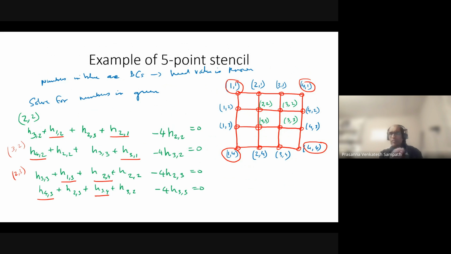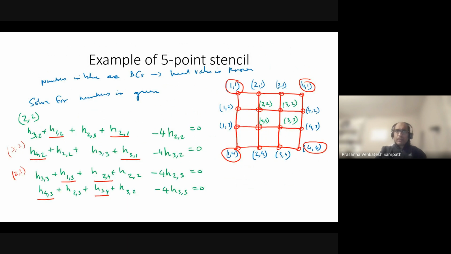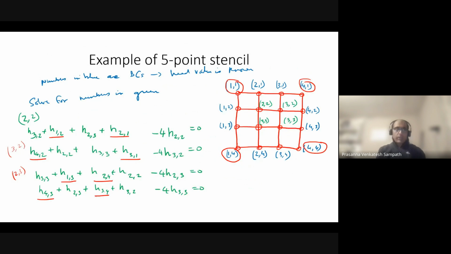Now what I will do is write this in this form. I'll collect all the known terms, the underlined terms, and put them in the right hand side, and keep all the unknown terms on the left hand side. So let me try and write it like this. Just watch. Minus 4 h of 2 comma 2. I just want to make sure I don't make a mistake.